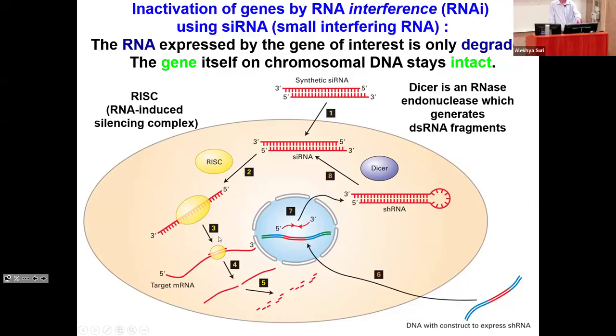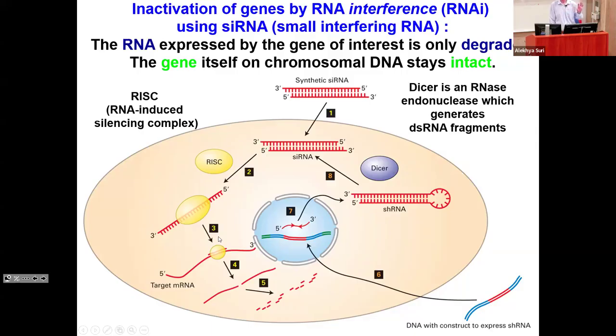And so you bring double-stranded RNA into the cell that will interfere with the specific messenger RNA. It's not all messenger RNAs, it's just one specific messenger RNA, and this will be degraded. This method does not change the chromosomal DNA.